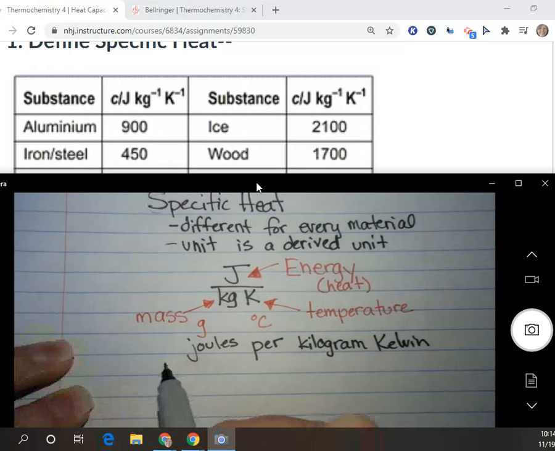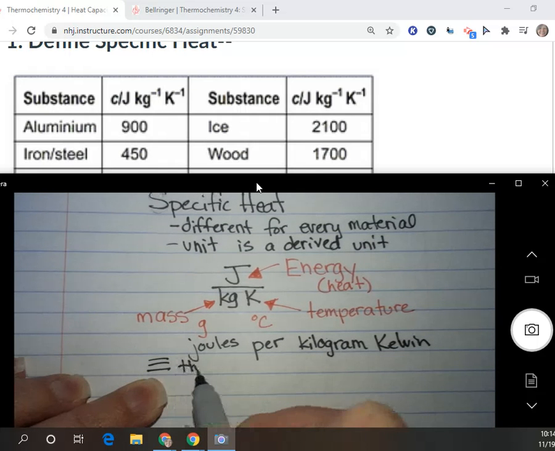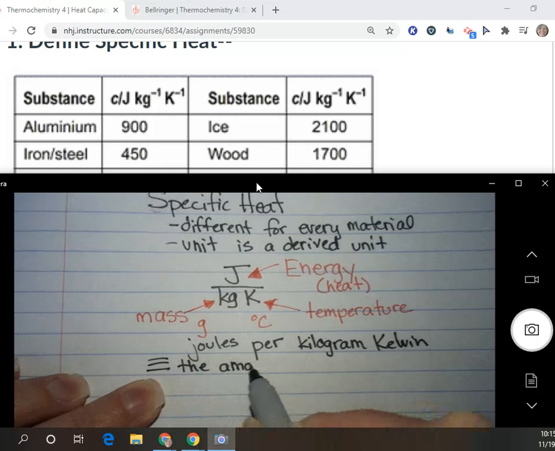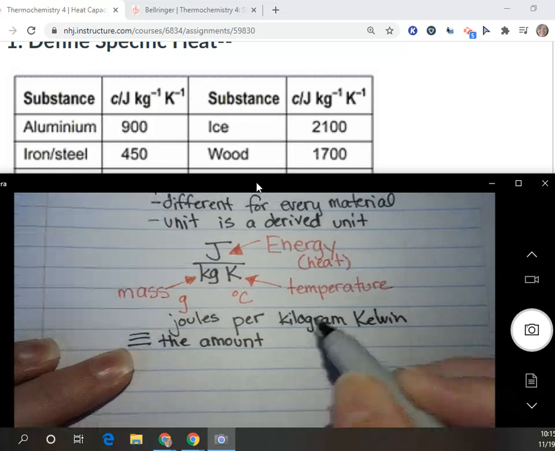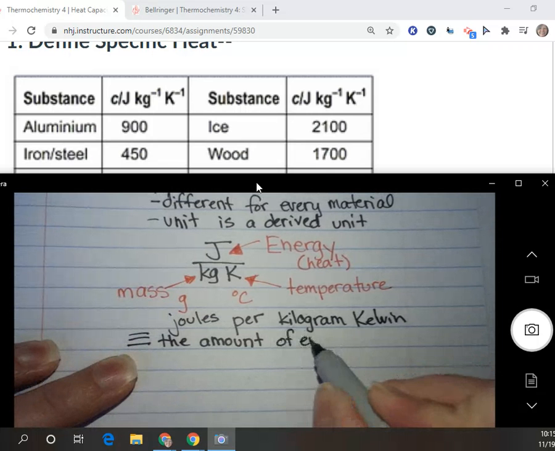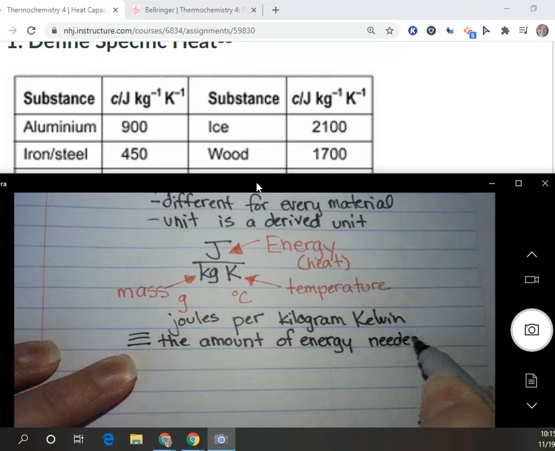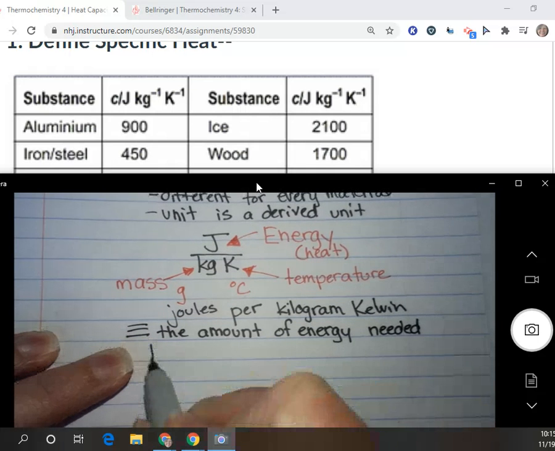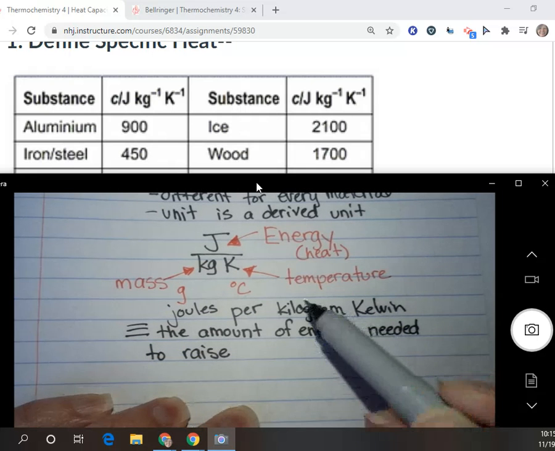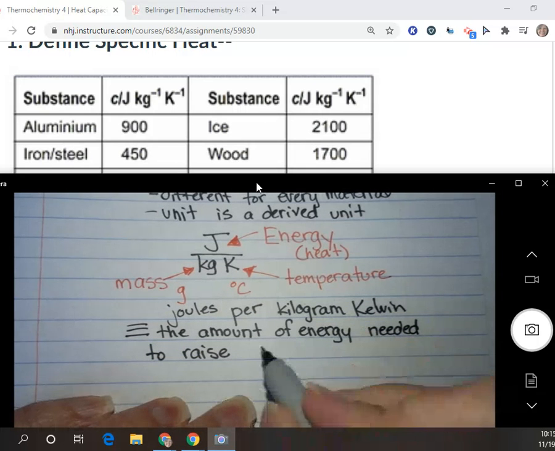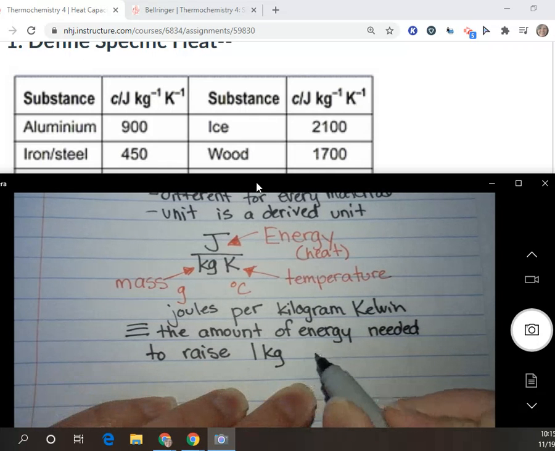So the definition of specific heat is the amount of energy. We'll put in a couple little words to make it a better sentence. The amount of energy needed to raise, for this unit, 1 kilogram of a substance.